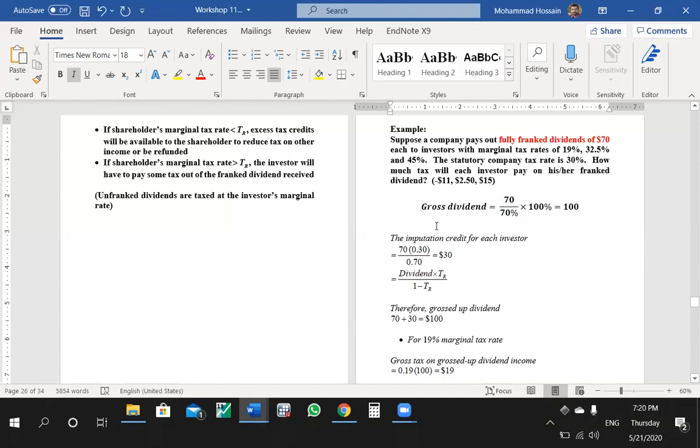So how much tax was paid? It is equal to the difference between these two, $30. The gross dividend was $100 and the net dividend received was $70. $30 is their tax paid.